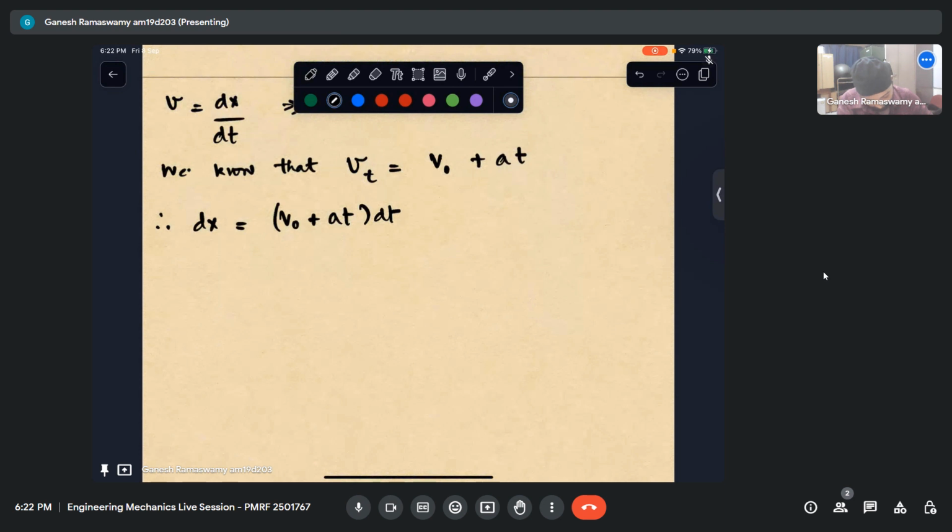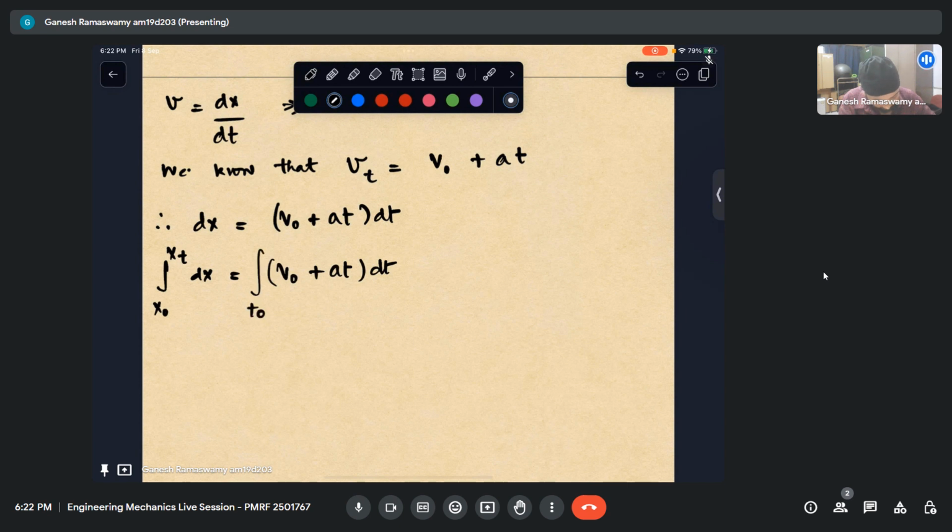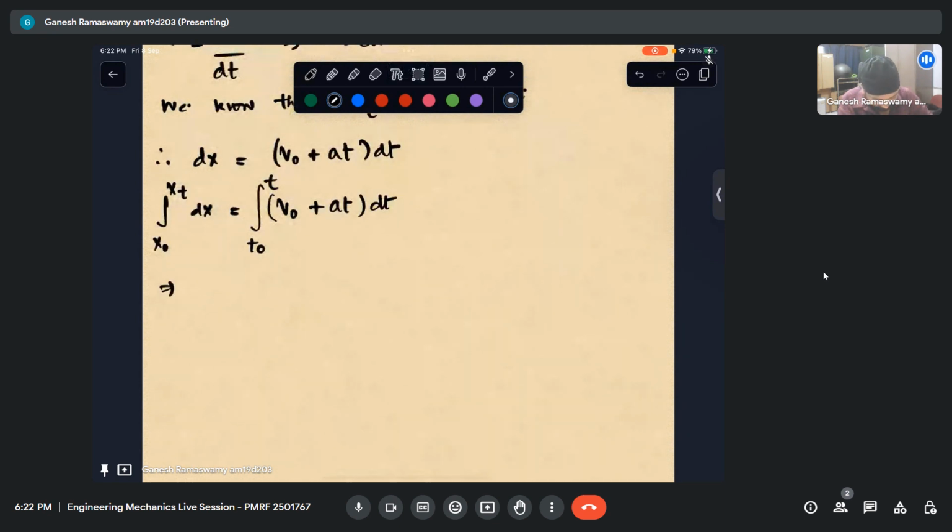So now integrating this from x naught to xt, dx gives us the integration of v naught plus at dt from t naught to t. So what does this give us? xt minus x naught gives us v naught into t minus t naught plus half a times t minus t naught the whole square.